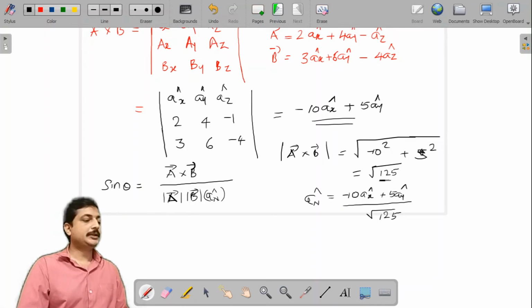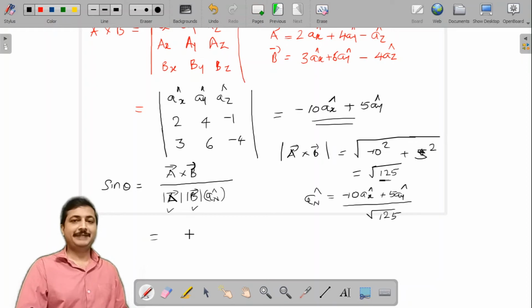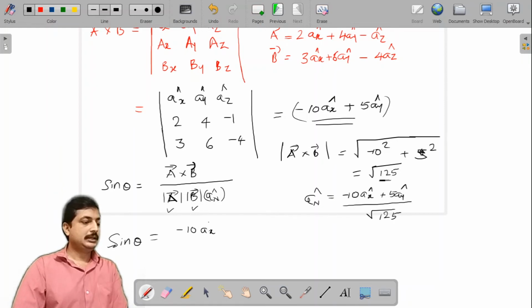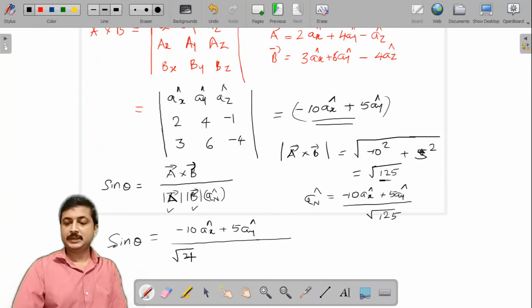Now magnitude of A and magnitude of B we have already calculated for dot product, right? So we'll take that, pull off that value from there, and A cross B, okay, we have found it here. A cross B is this. So substitute these values now. So sine theta becomes A cross B, that is minus 10 ax cap plus 5 ay cap divided by magnitude of A was some square root of 21 if I am not wrong, and this was square root of 61.